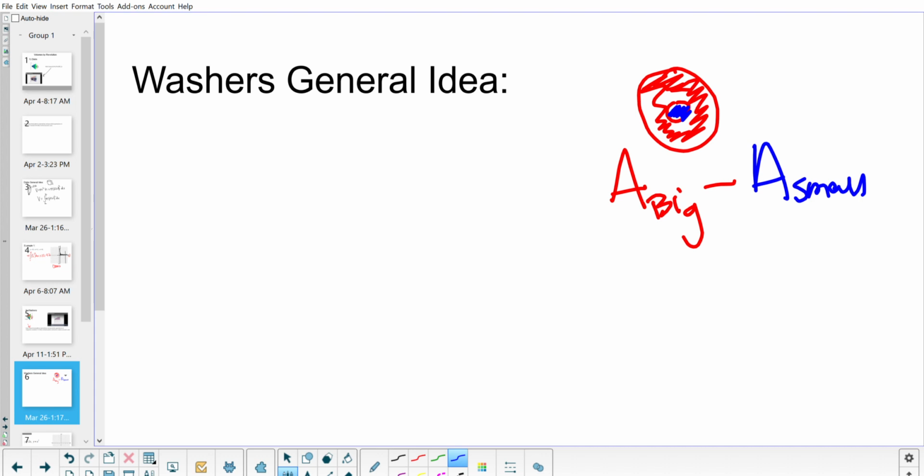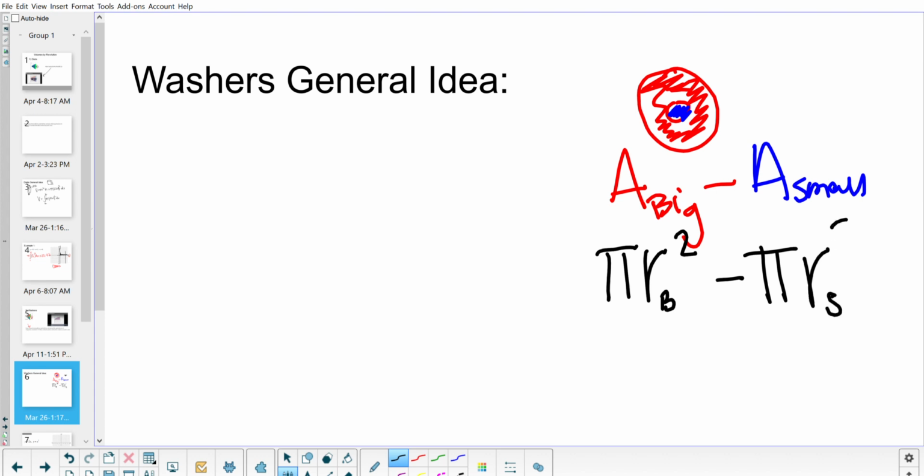The area of the big circle is pi times the big radius, r sub b, squared. The area of the small circle is pi times r sub small squared.